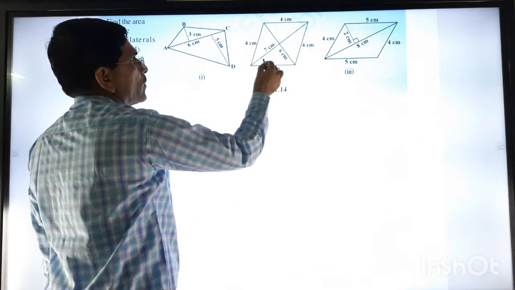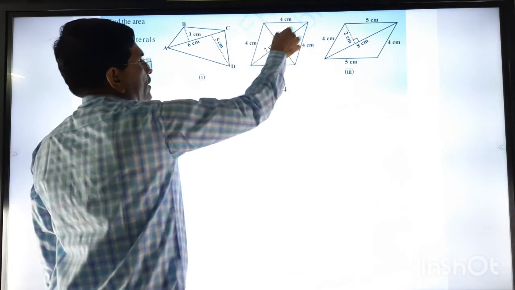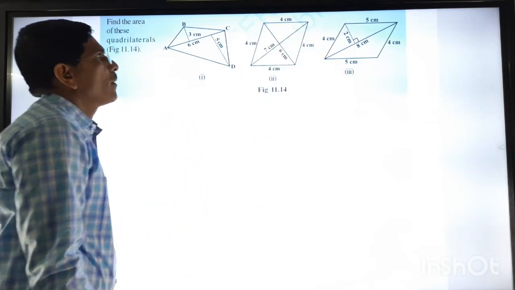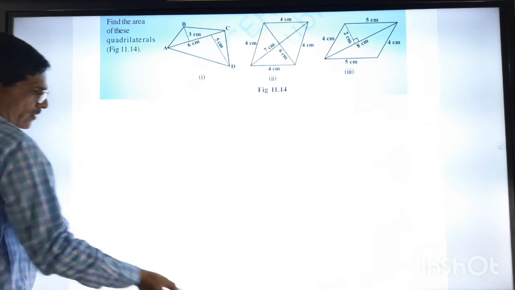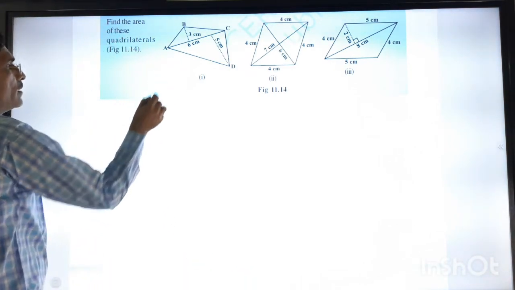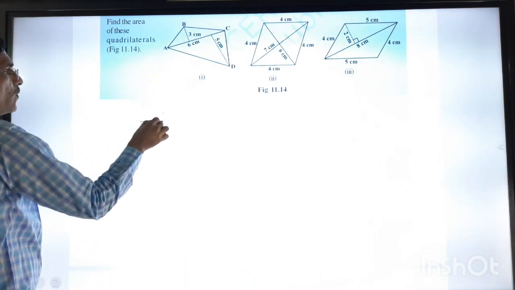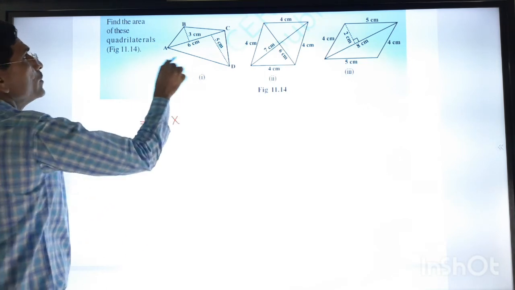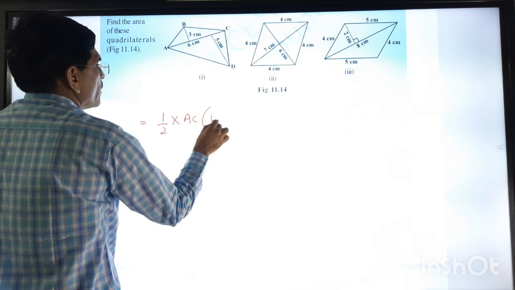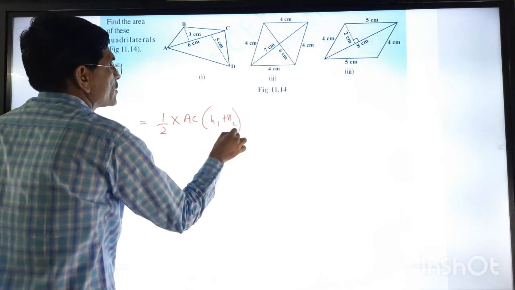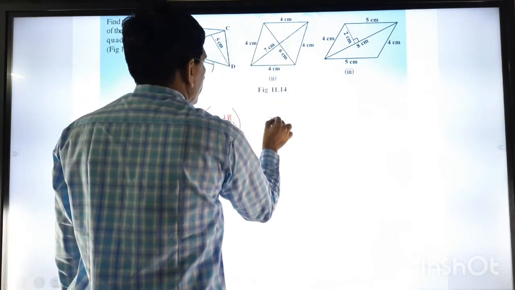Four sides are equal. Now which formula do we have to use here?